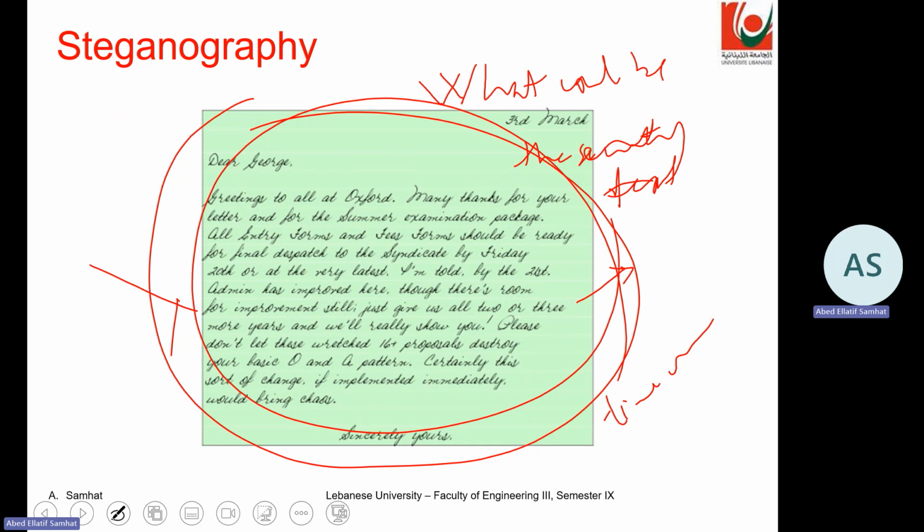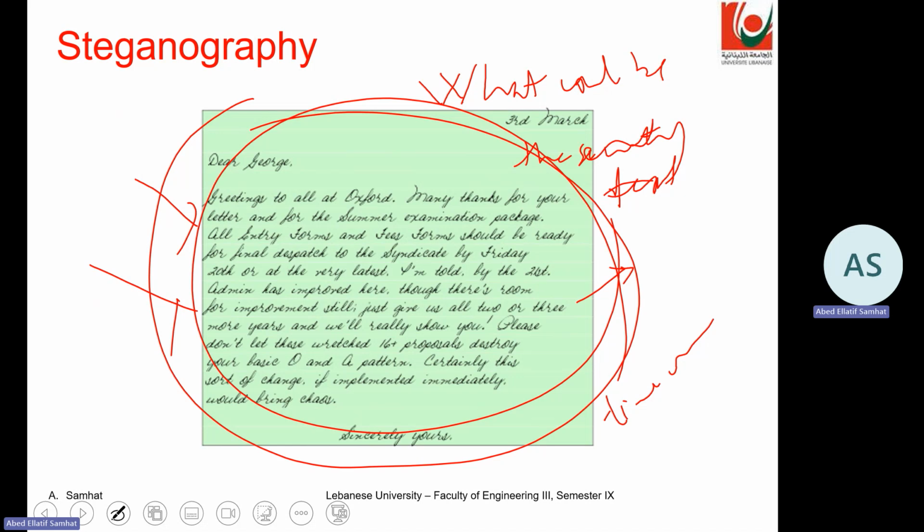So maybe I will let you check what could be the message inserted in this text. Okay, so is steganography clear for you? As we said, the message is really inside this text, hidden in a way that it's considered a simple message. But when having the secret key, which is the way it's inserted, we are able to recover the useful information.